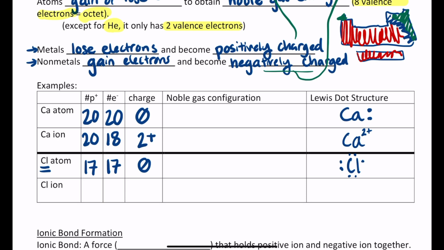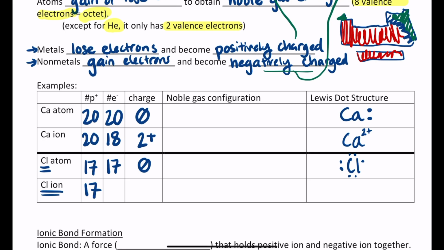Now let's consider, what does Cl look like when it ionizes, when it becomes an ion? Since it's still chlorine, it's still going to have 17 protons. However, it is going to have a different number of electrons now. Whenever we gain or lose electrons, our atoms are trying to reach a noble gas configuration.